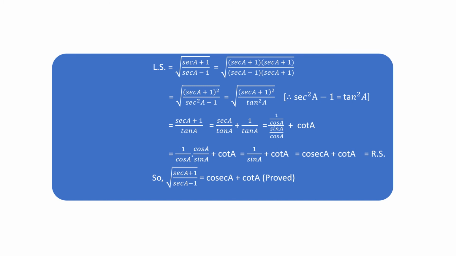So root over (sec A plus 1) by (sec A minus 1) equals cosec A plus cot A. Proved.